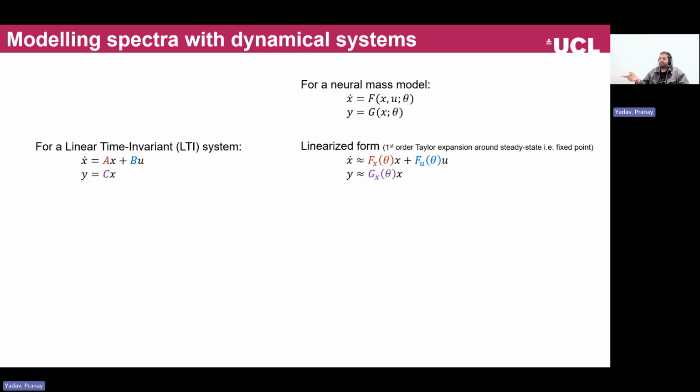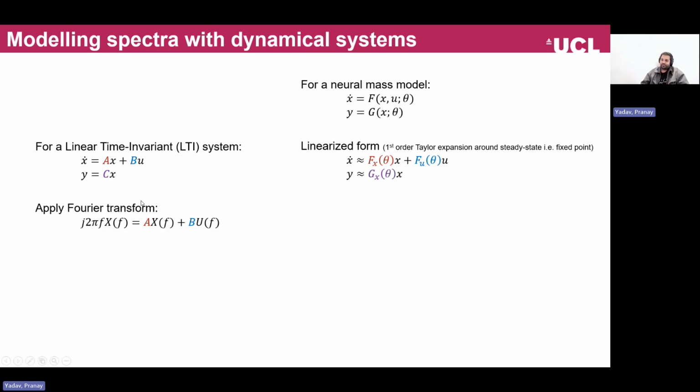And by doing this, the zero order terms x0 and u0 will disappear because the system is at the steady state, and we are left with this form, which very much resembles the LTI system. And we can hence go forth and do the same sort of derivation to arrive at the transfer function for this linearized neural mass model.